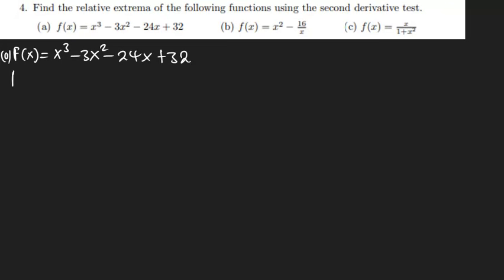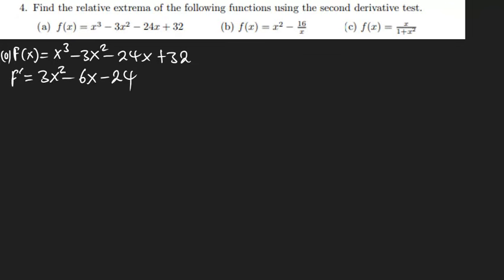Then f prime, or dy dx, is equal to 3x to the 2 minus 6x minus 24. From there, we need to find the critical points.